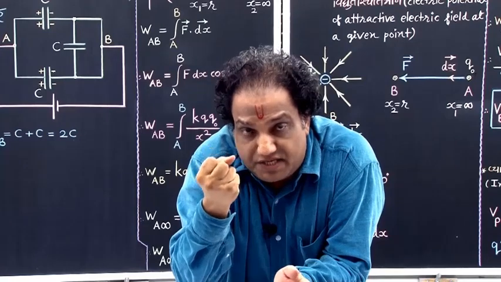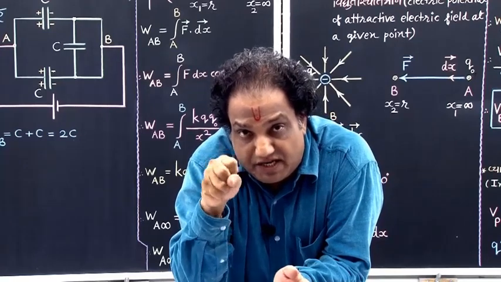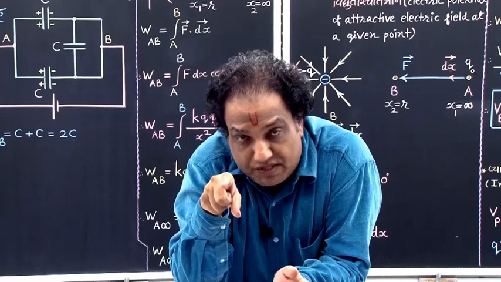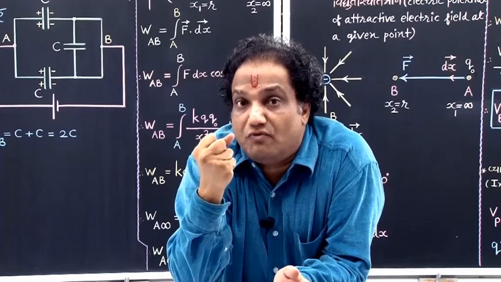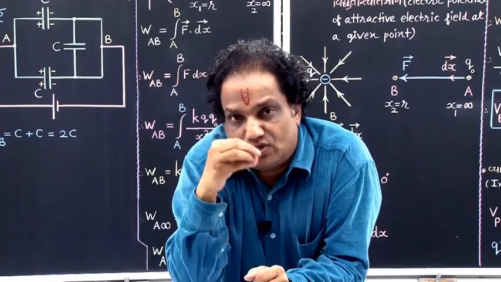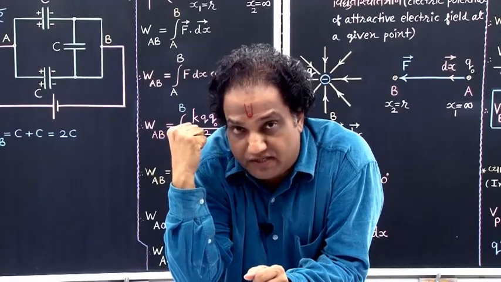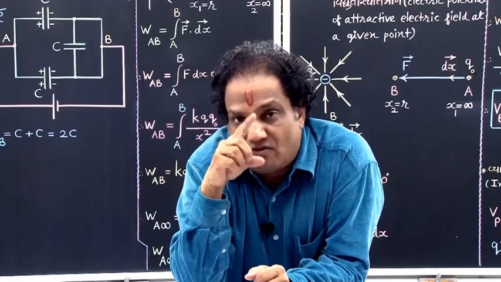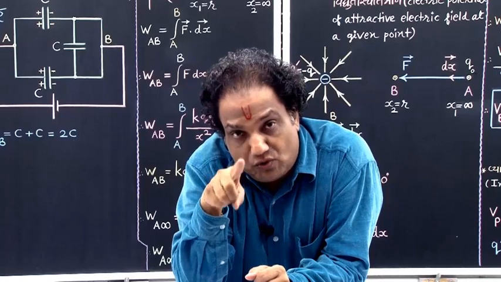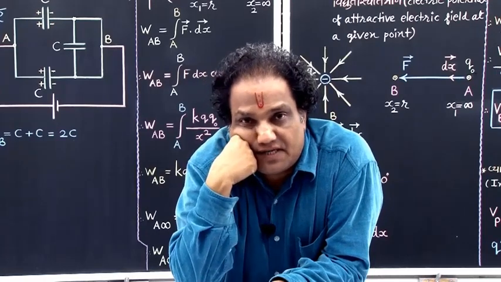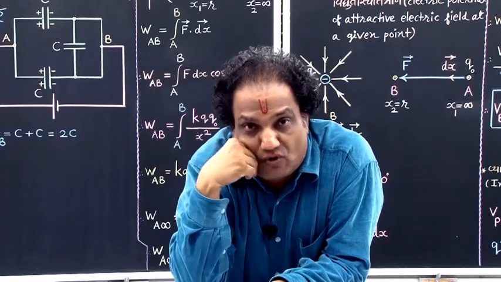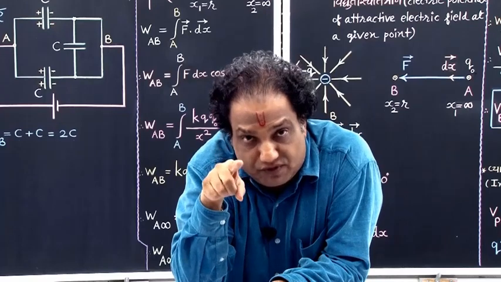Now, electrostatic potential energy is possessed by electric field because it has some capacity of doing work. So, what we do in these two theories which I am going to show you, we will allow electric field to do the work, correct? So, we will not bother about work done by external force.